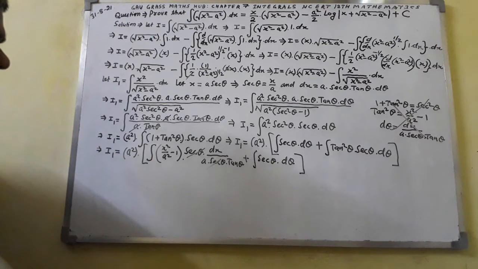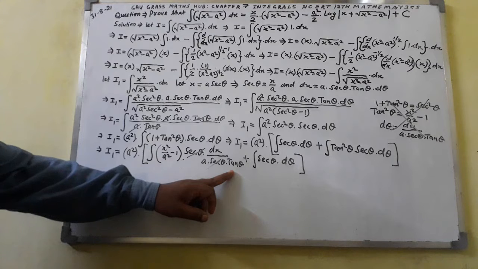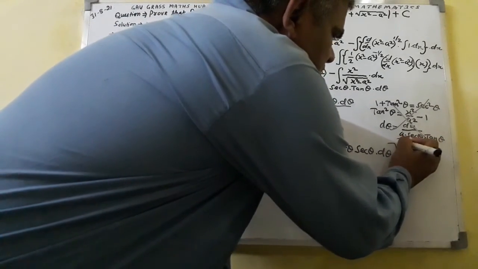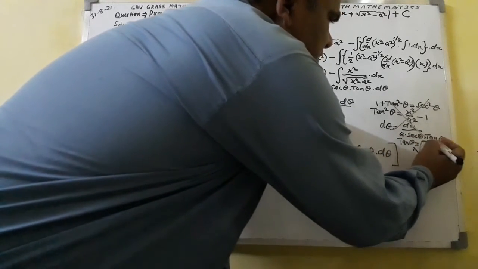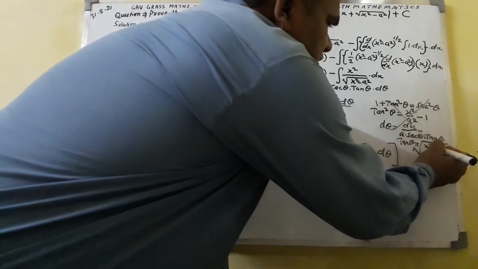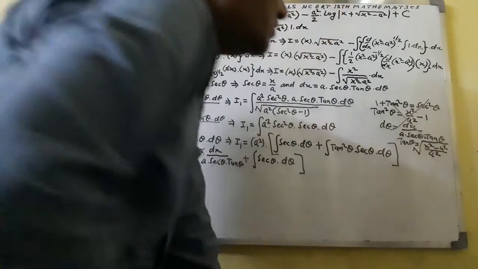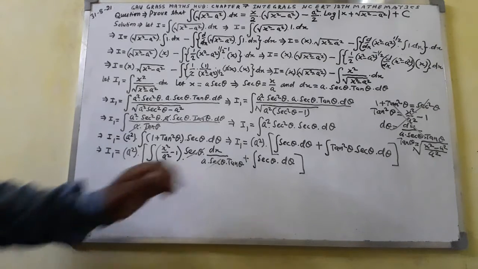Think over again. Now here you can get tan theta. The tan theta is equal to, from this place we shall get, tan theta equal to under root x square minus a square whole over a. The value of tan theta I shall write here.